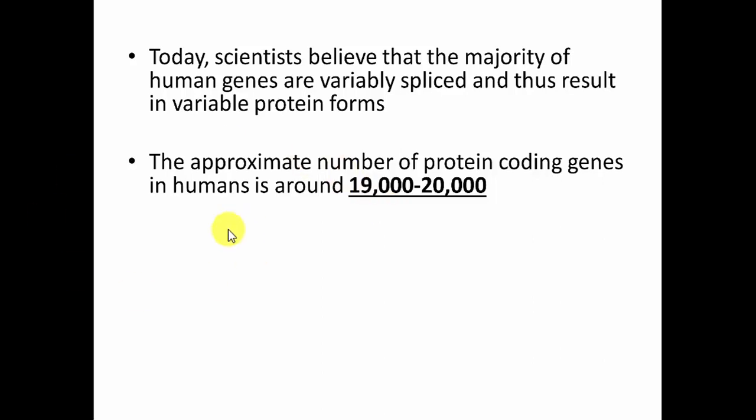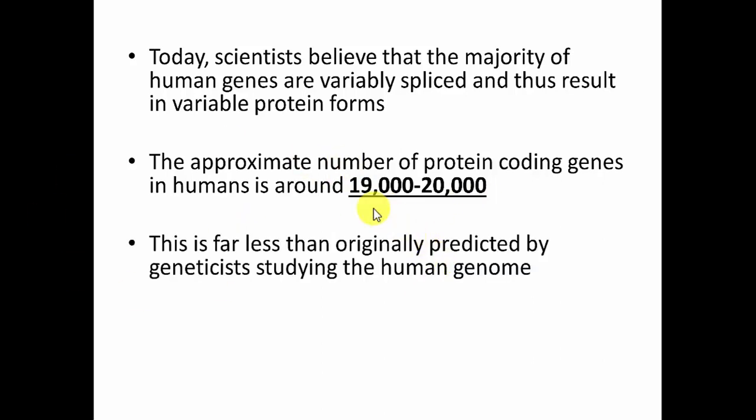And so this was far less than originally predicted by geneticists studying the human genome. Nobody really knew how big the human genome was going to be when they started out to study humans, but most experts predicted that it would be hundreds of thousands of genes, and it was common for people to go higher into the millions. So you look at a human being, the most elegant, complex life form on Earth, as we like to think, and we see ourselves as much more complex, much more sophisticated.